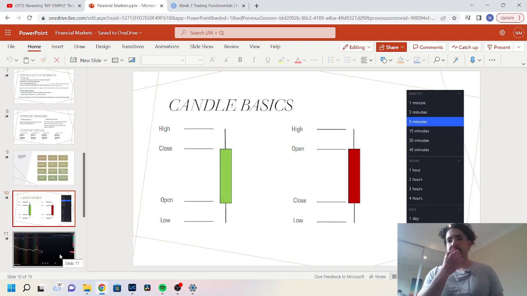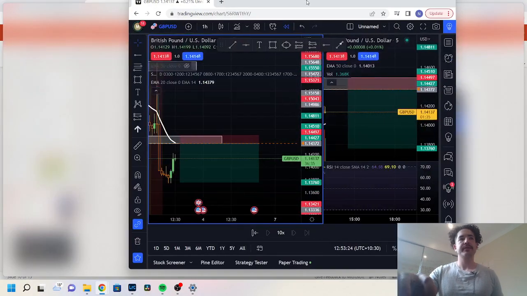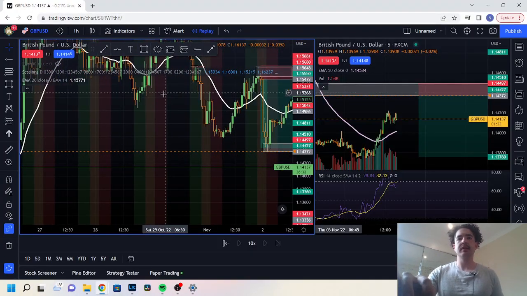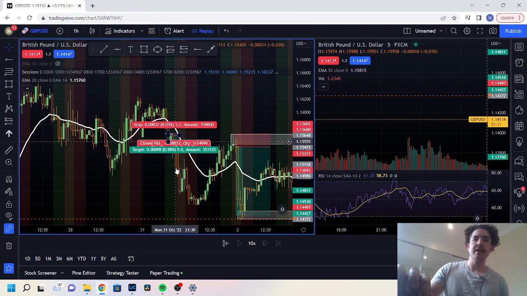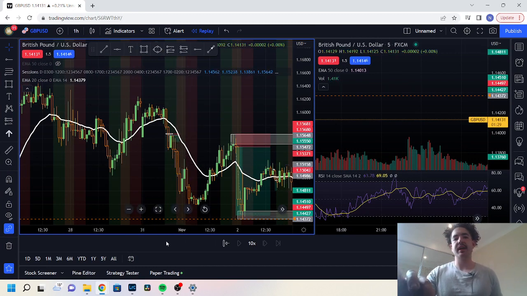So now we'll go into the candlestick basics. What you have to remember is that each candlestick represents whichever time frame you're on.